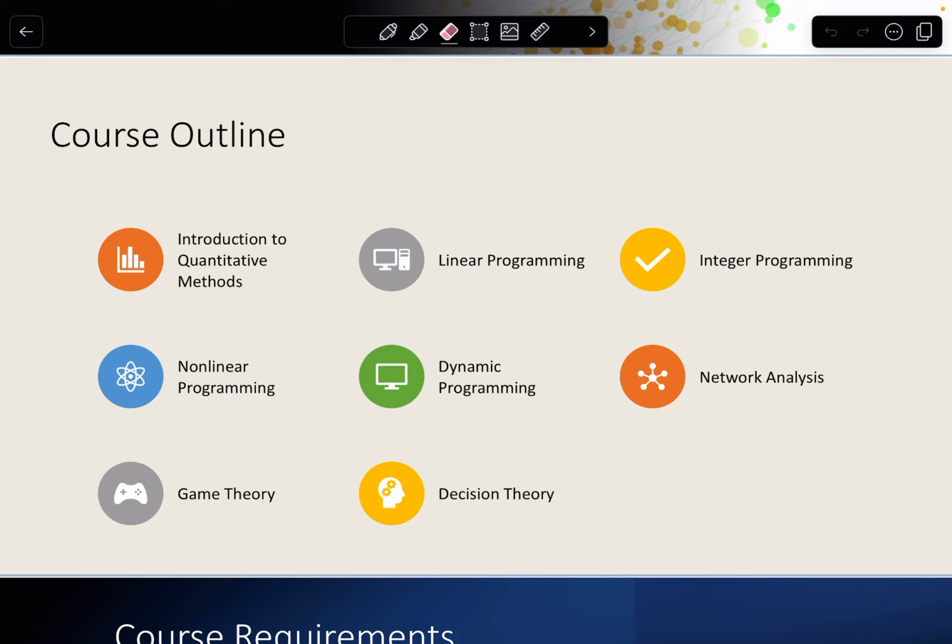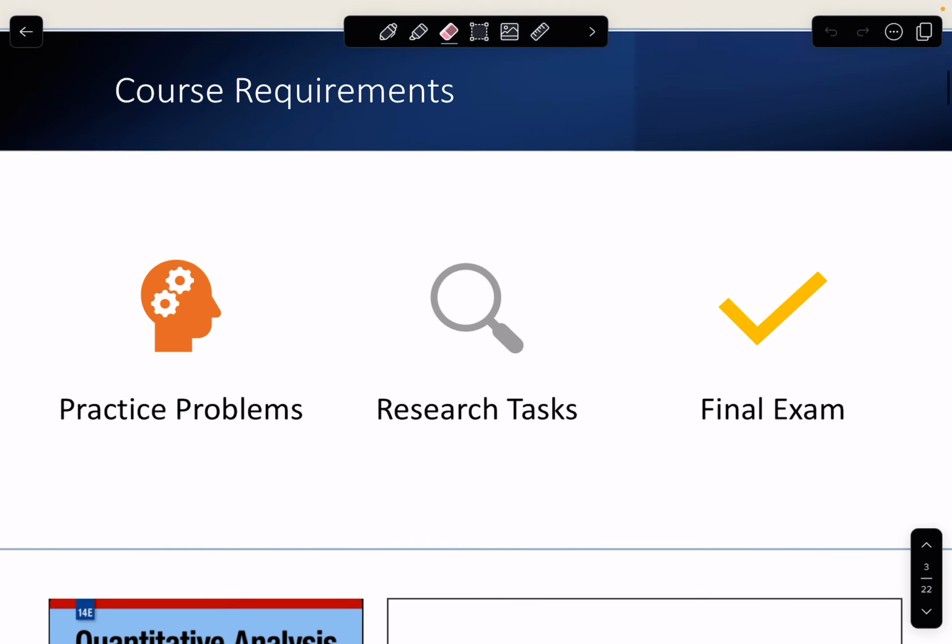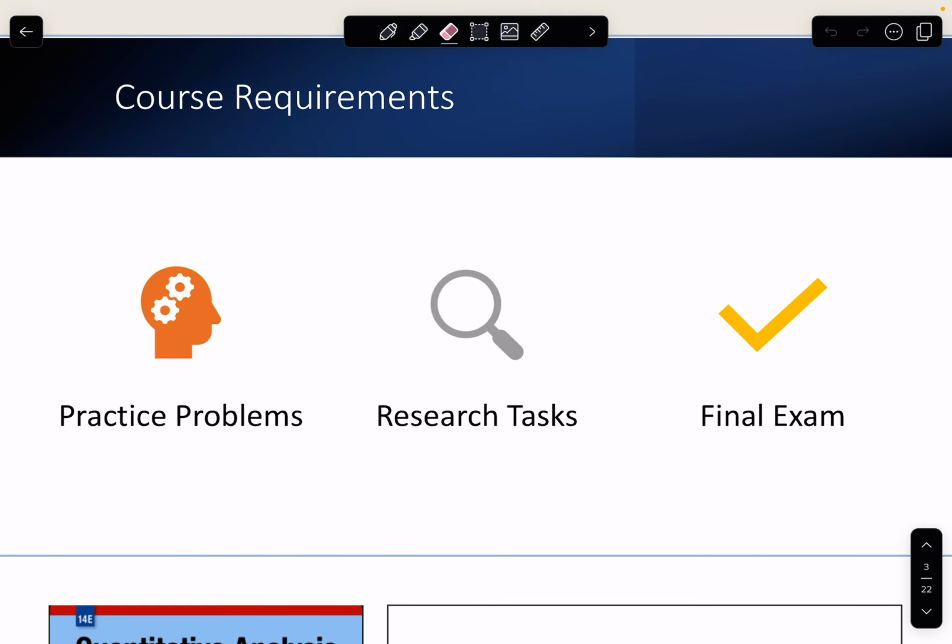So for our meeting, for this entire module, these are the course requirements for this course. Since this is more on problem solving, we have some practice problems, where you will be given problems and you solve them based on what was given.